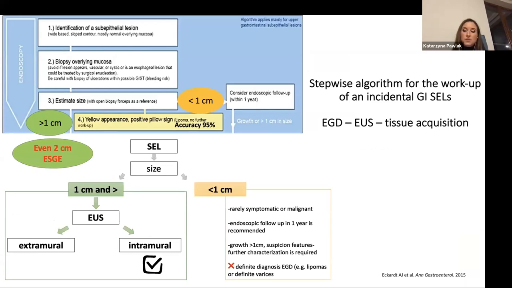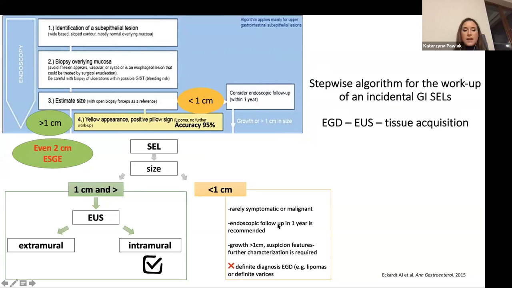And here you can see the stepwise algorithm for the workup of incidental subepithelial lesions from EGD to tissue acquisition through EUS. So when you assess some type of subepithelial lesion, for example, its size and typical endoscopic appearance, you should know that lesions below 1 centimeter are rarely symptomatic and even more rarely malignant.